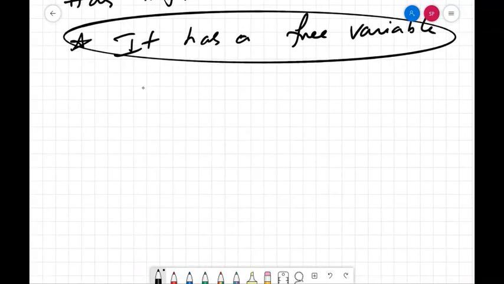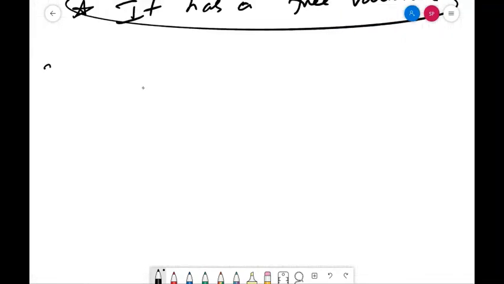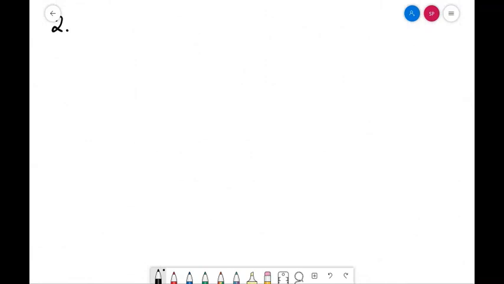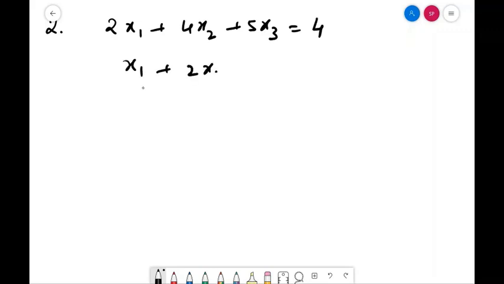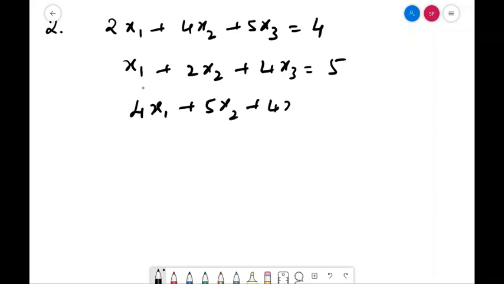So let me take another problem, a second problem, another matrix. I'm considering another system: 2x1 plus 4x2 plus 5x3 is equal to 4, x1 plus 2x2 plus 4x3 is equal to 5, 4x1 plus 5x2 plus 4x3 is equal to 2.